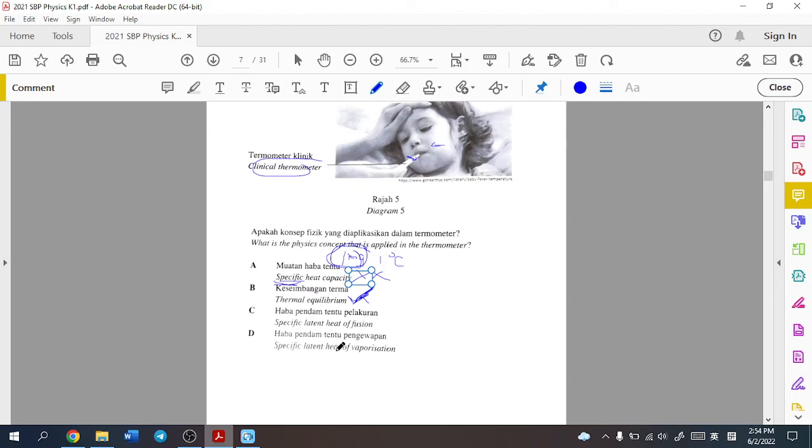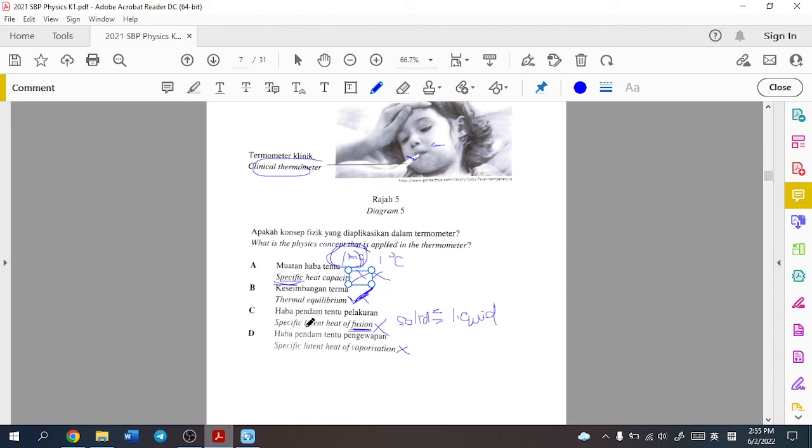Specific latent heat of fusion. This is wrong. Specific latent heat of vaporization. This is also wrong. So heat of fusion, you see this word fusion, so you have to know it involves solid and liquid. Okay? Solid and liquid.